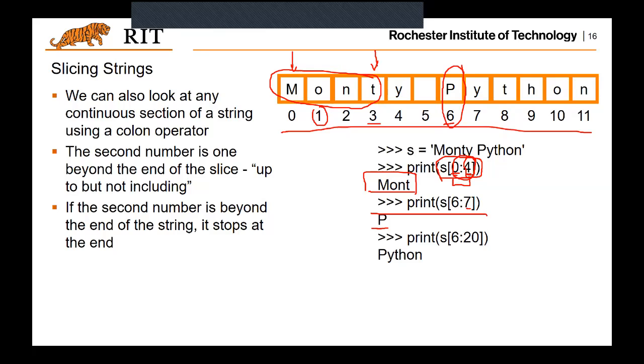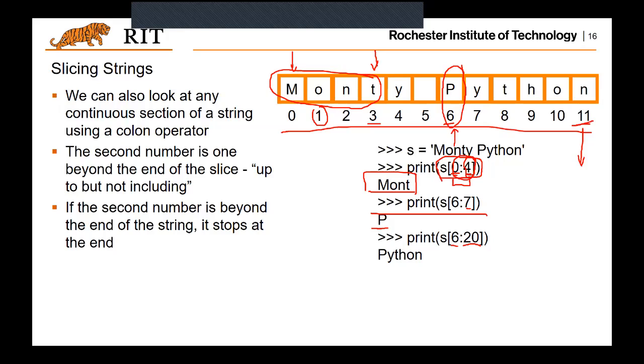And one good thing is, you could put a number which is beyond the length of this string. In this case, if you put 20, the overall length of this string is just 11, so 20 is definitely beyond the length of the string, but it will still stop at the end of the string and start with the first number, I mean, the index, which is 6.